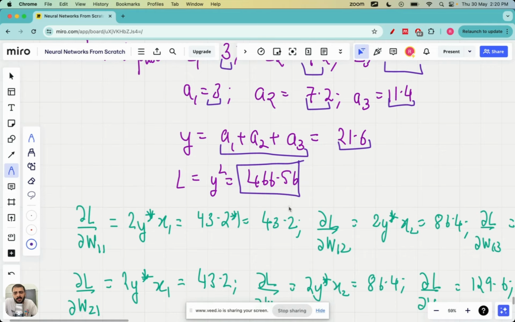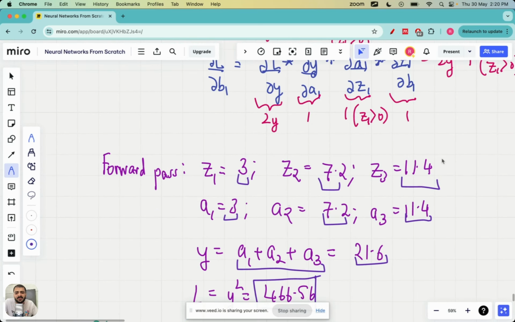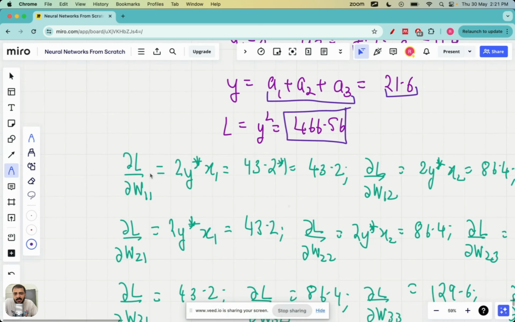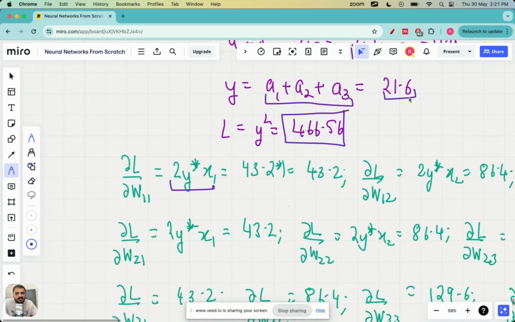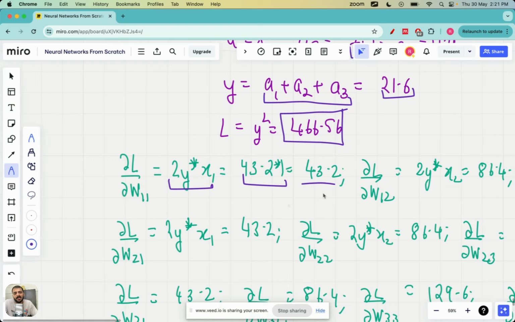Okay. Now, as we calculated here, the partial derivative of L with respect to W11 will just be 2y into x1. I have just written it here again for reference. Since y is 21.6, this will be 43.2, the partial derivative.